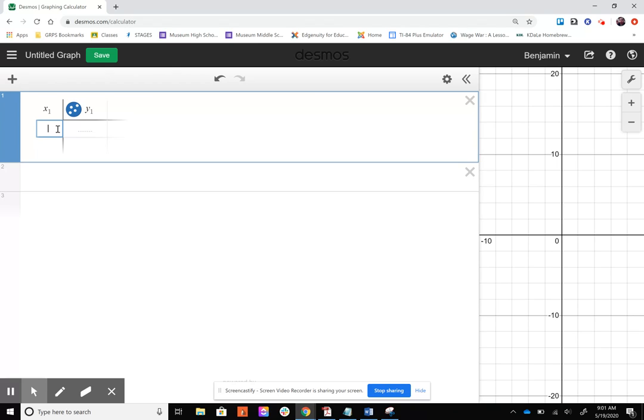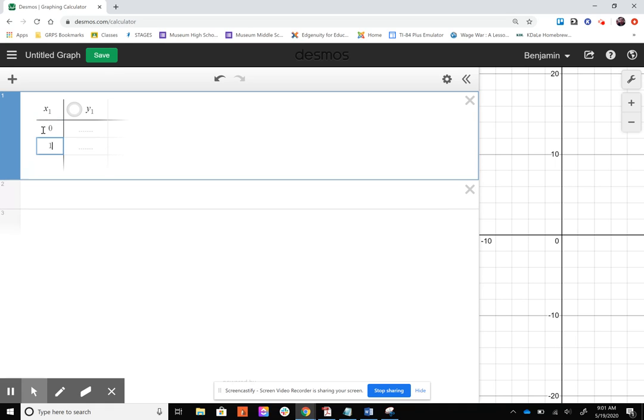All right, so starting balance. And then actually, this is after 0 years, right? We haven't had anything happen. So our starting balance is $200. Our expanded form, let's call this expanded. Let's call this y2.